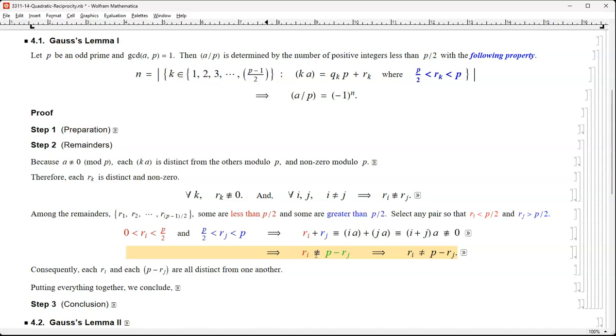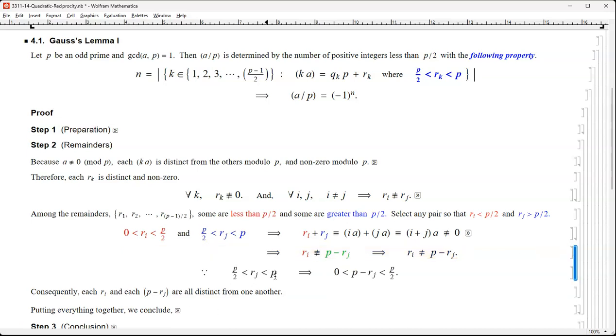We can drop this third horizontal bar and make this observation. R_j is actually greater than p over 2, but if you do p minus R_j, it's less than p over 2, because if you subtract from p, minus p is 0, p minus R_j, and p minus p over 2 is p over 2, and we have to flip the order of the inequality, we get that. Consequently, what do you get?